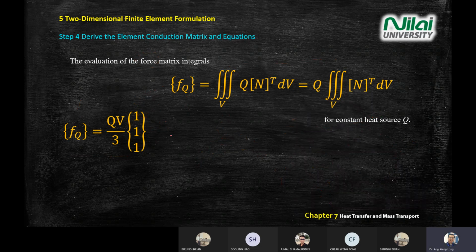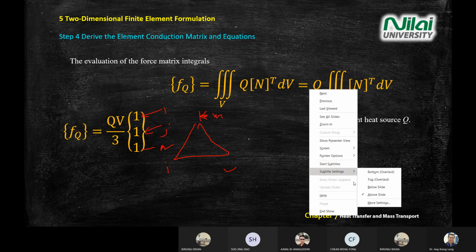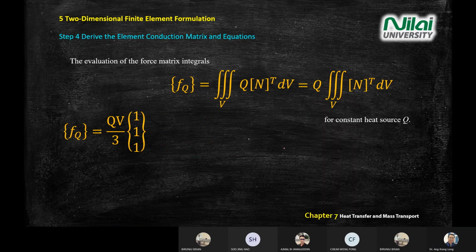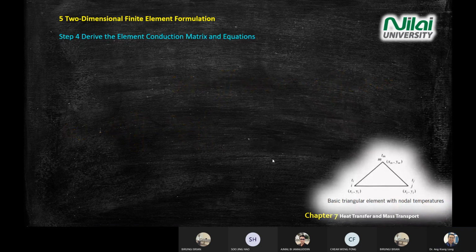But fundamentally, they are using triangles to solve. I, J, K. So the forces that you calculate here also follow the sequence. The first one is point I, second one is point J, third one is M. Sorry, not K, M. Okay. This is how you calculate the volume. You take area times the thickness, get volume, and so on.